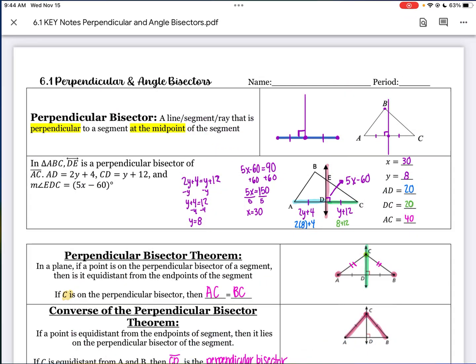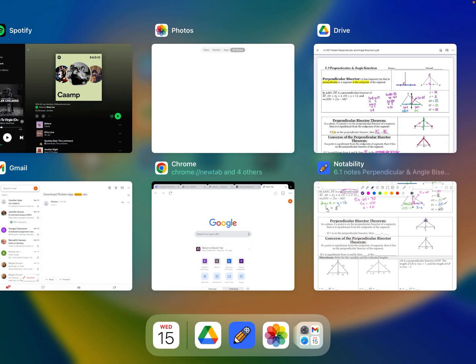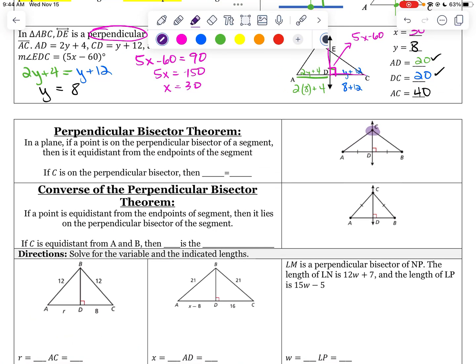Triple check, make sure I just did that right. AC has got to be equal to BC. Good. Because it is on the perpendicular bisector, these are cut in half perfectly, so that is also cut in half perfectly. AC is equal to BC.